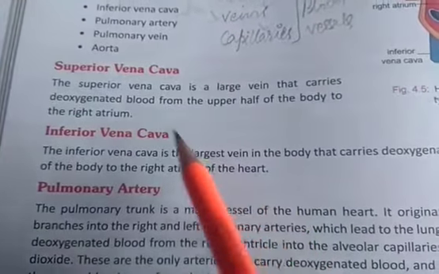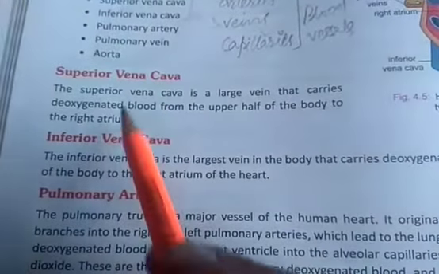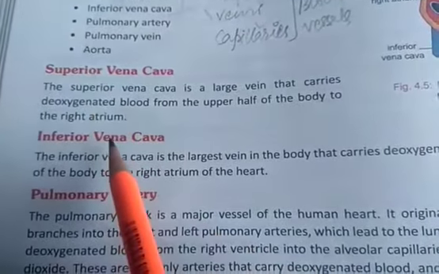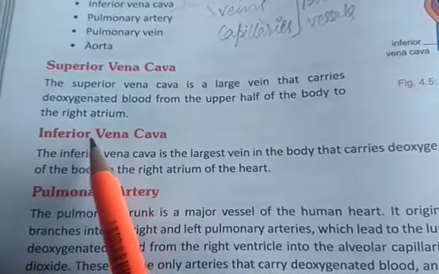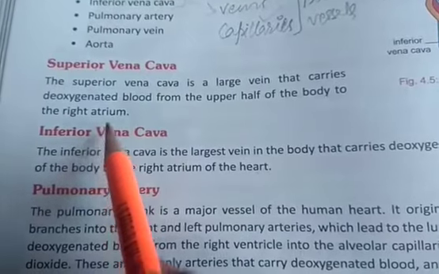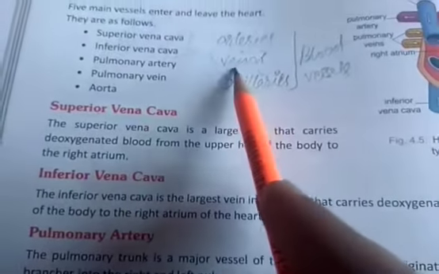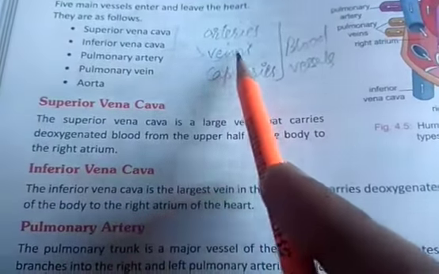So one vein brings blood from the upper half of the body, and the other brings blood from the lower half. Both carry deoxygenated blood. You know, veins carry deoxygenated blood.